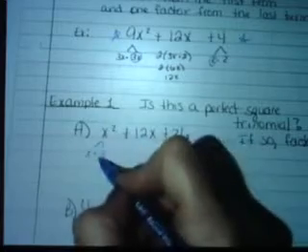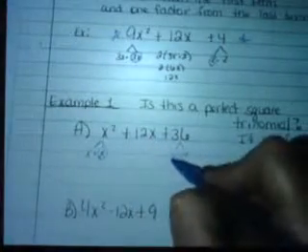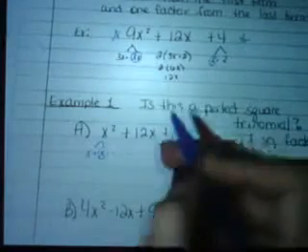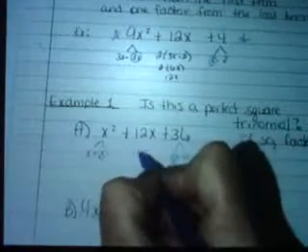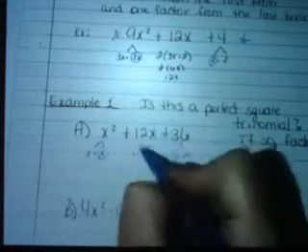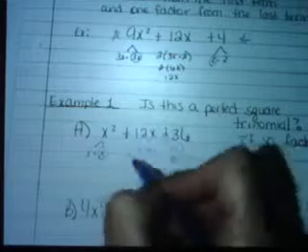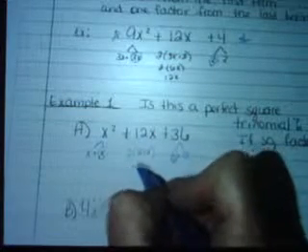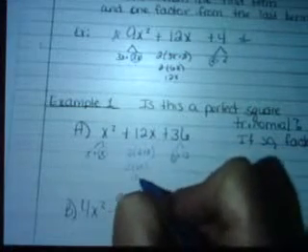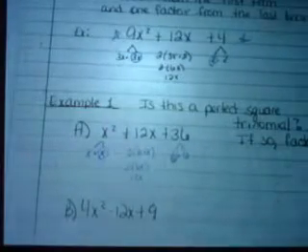Okay, well, to check it, we have to take a term from the x squared. We have to take a factor from the 36, and we're going to multiply those. We're going to have 6 times x, and then we have to double that. So I'm going to get 2 times 6x, which gives me 12x. So yes, it is a perfect square trinomial.